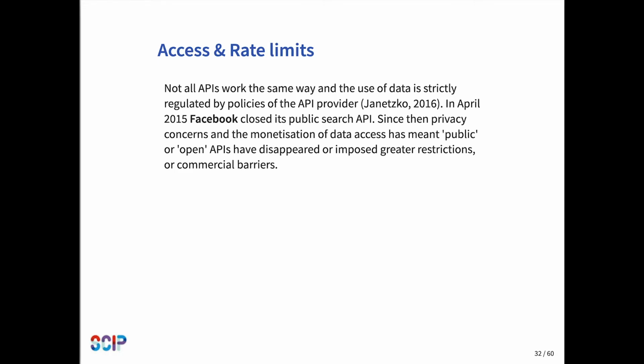As an example, in April 2015, Facebook closed its public search API. Since then, privacy concerns and the monetization of data access have meant public and open APIs have often disappeared, or there have been greater restrictions imposed on using those services.